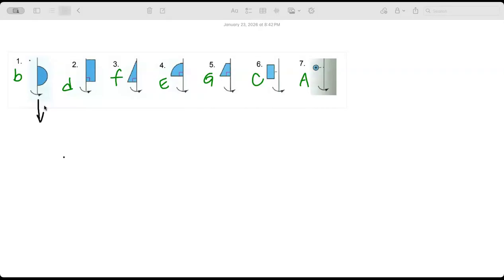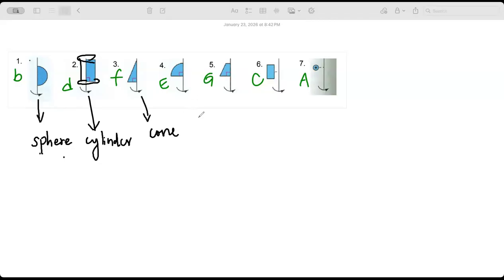A sphere. Good job. You're going to get a sphere. This one? A cylinder. Good. This is going to be like this, and it's going to rotate. Cylinder. Next one?